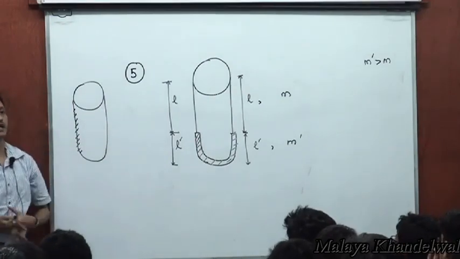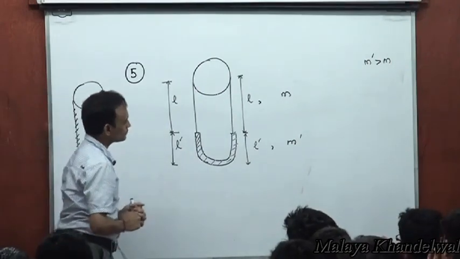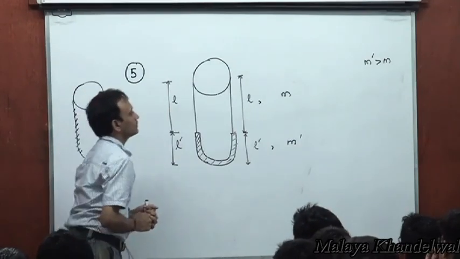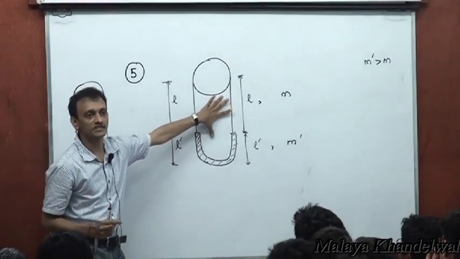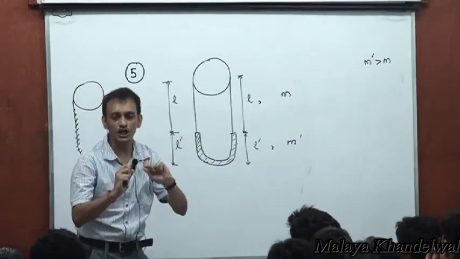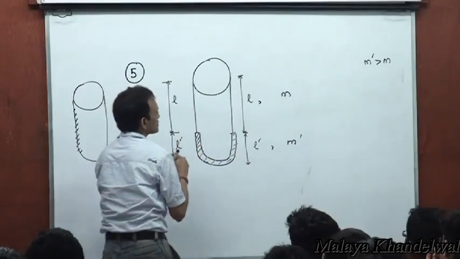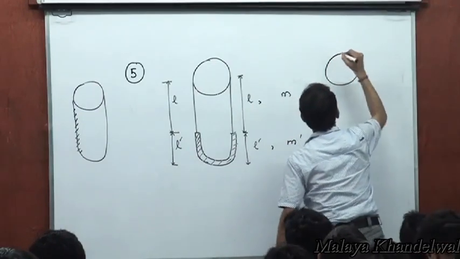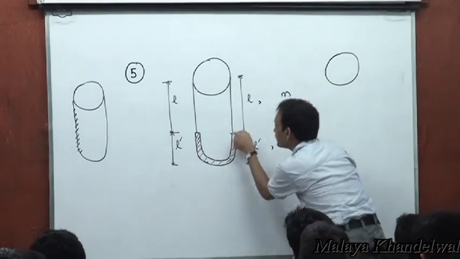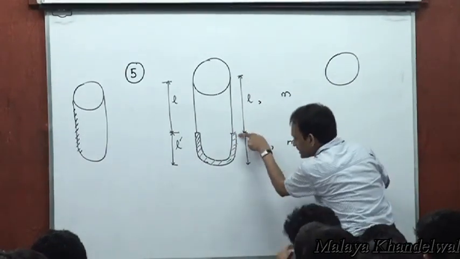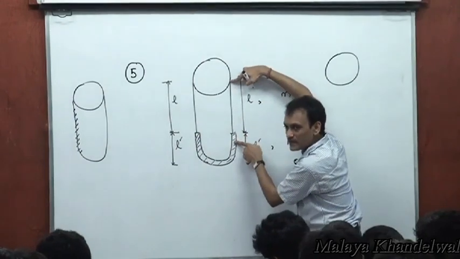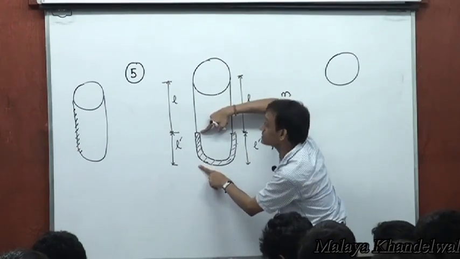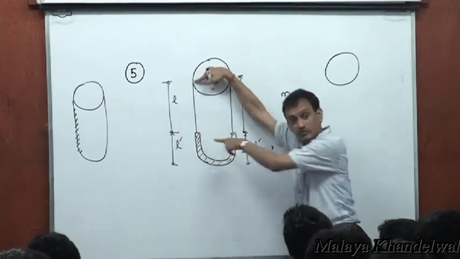Now, given this basic understanding, realize that we have a setup of this kind, and we initiate a small displacement. I pull this interface down by an amount x. If I pull this down by an amount x, this becomes L plus x, this becomes L prime minus x, this becomes L prime plus x, L minus x, right? That's what happens.